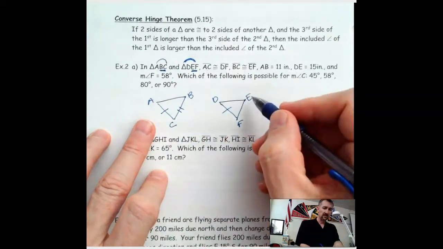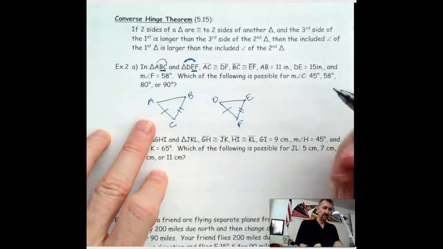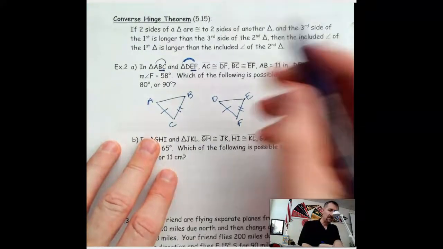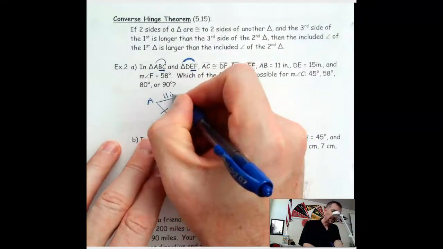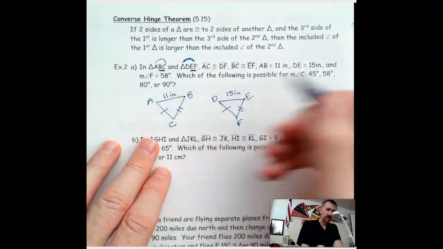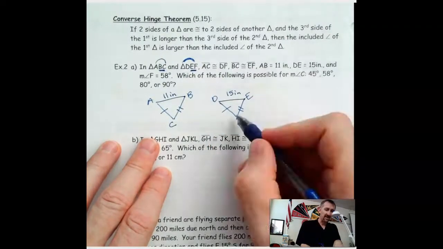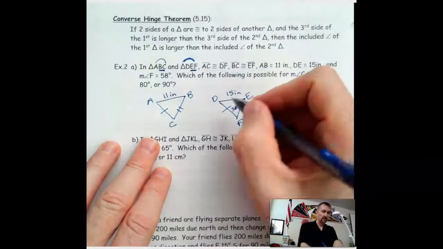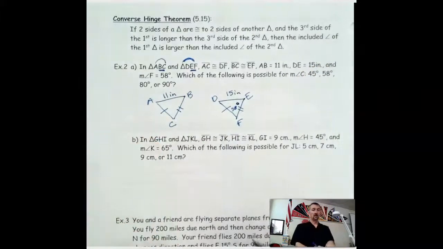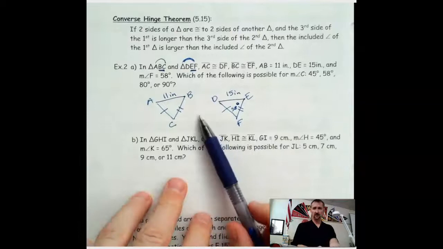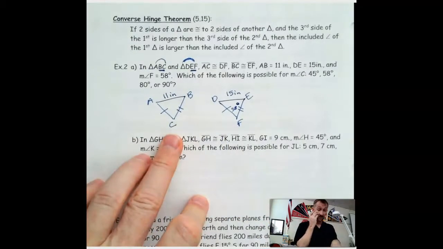BC is congruent to EF. Then it says AB is 11, DE is 15, and angle F is 58 degrees. This isn't drawn exactly properly, but it gives me enough information to figure out what's happening.